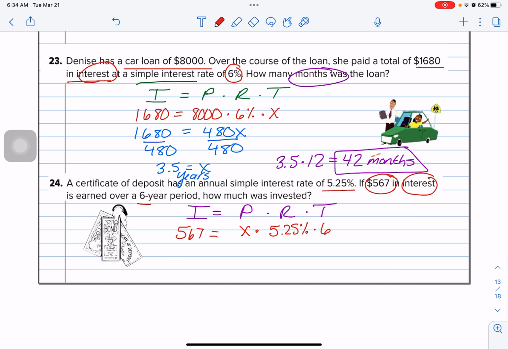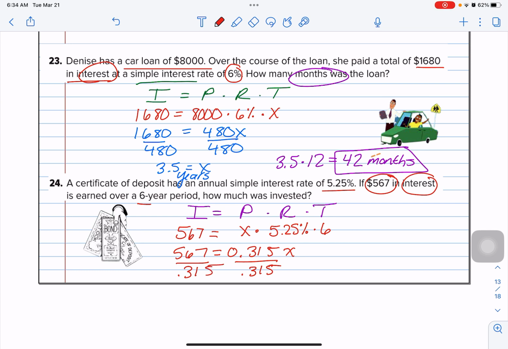So again, the first thing that I'm going to do is multiply together the 5.25% times 6. And when I do that, I get that 567 equals 0.315 times x. Now I just flipped the x to the other side, but remember that multiplying is commutative, so it doesn't matter whether it's x times that or that times x. The opposite of multiplying by 315 thousandths is to divide by 315 thousandths.